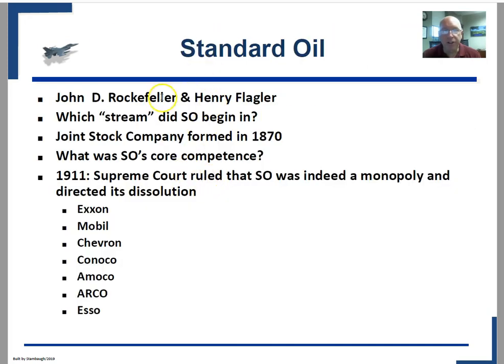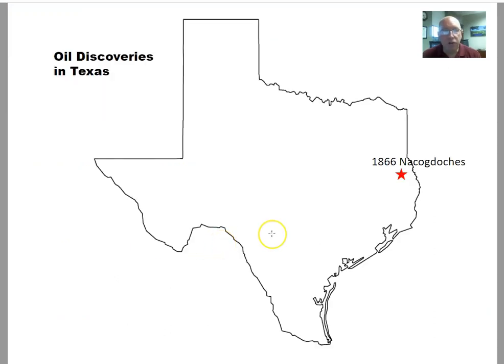We also talked about Standard Oil and how they were able to control a lot of the early oil industry by being a dominant refiner as opposed to something else. And even though they did move into the other streams, it was the downstream business and the refinery that they were dominant in first. You do not need to worry about years that things happened or places in Texas.